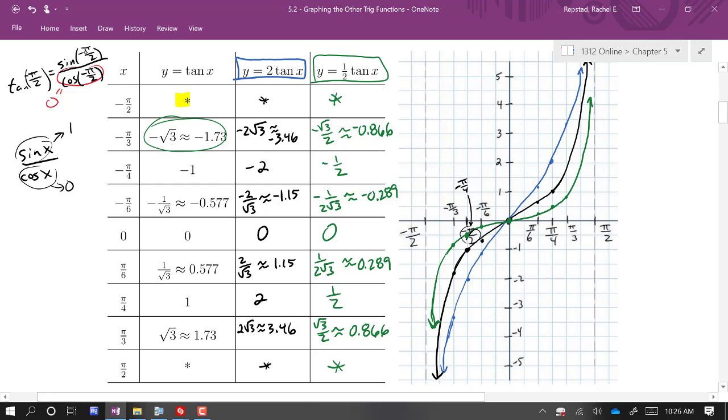But it does affect how vertically stretched or compressed it is. And we see that behavior change a lot in these middle values. They all have the same behavior as you're getting close to the asymptotes. In the middle, you can see that vertical stretching or compressing a little bit more clearly.